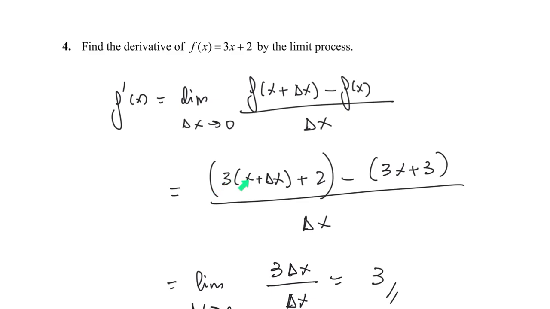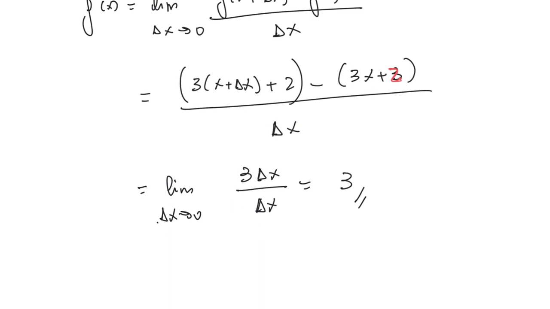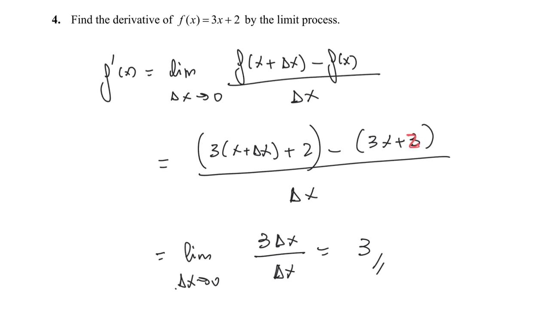So it will be 3 times x plus delta x plus 2, minus f of x, 3x plus 2. So when you do the algebra, divide by delta x, you get the expected value. The slope of a rectilinear line is the coefficient that multiplies the x, that is the 3. So we check again our definition.